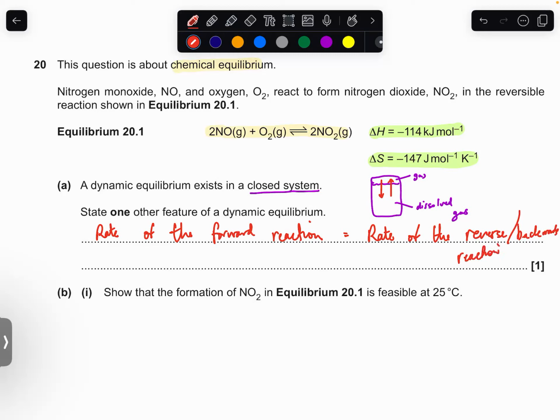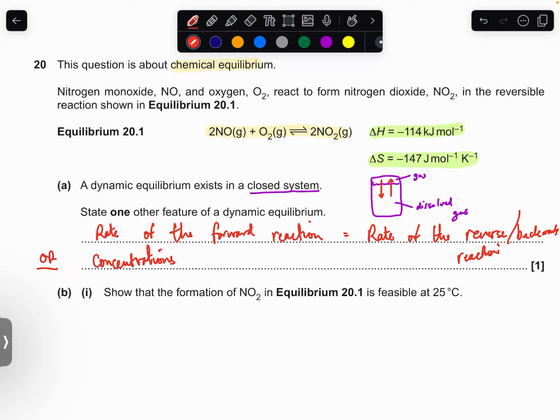This is one feature. The other feature is the amount of moles or the concentration of the reactants and the concentration of the products, whatever they may be, remains constant. This is an or.